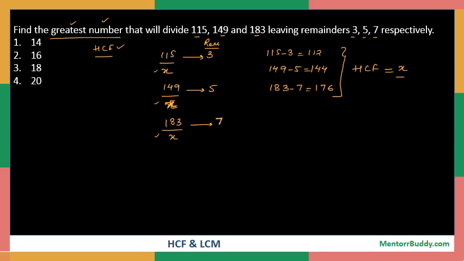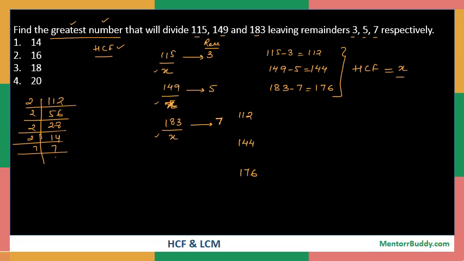that is x. So in order to determine the HCF, we quickly factorize these three numbers, 112, 144 and 176. When I do a quick factorization of 112, I get 56, 28, 14, 7 and 1.